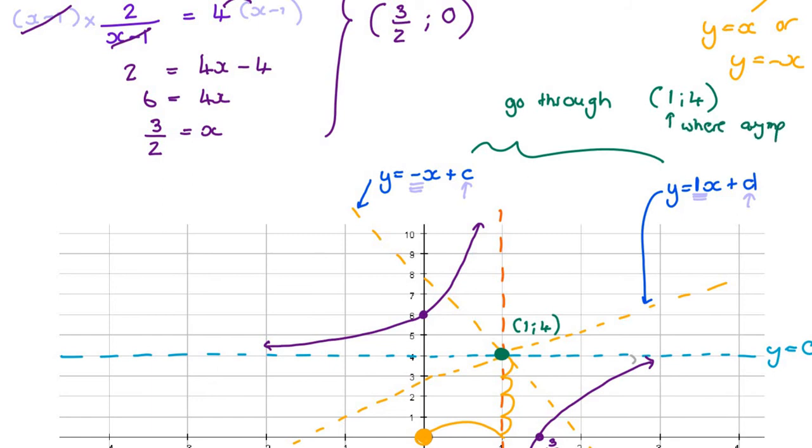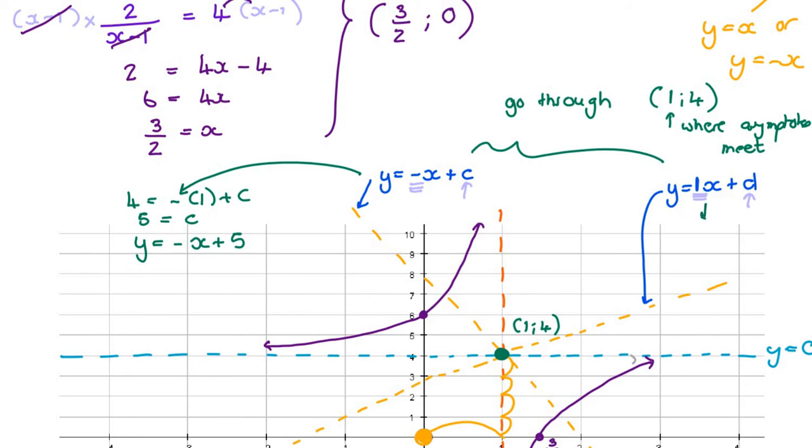I prefer this method because it's very easy. If you have one unknown, you substitute a point in. So when y is 4, x is 1, and I solve for c, I get 5. So that axis of symmetry is negative x plus 5. Very easy, sub in a point.